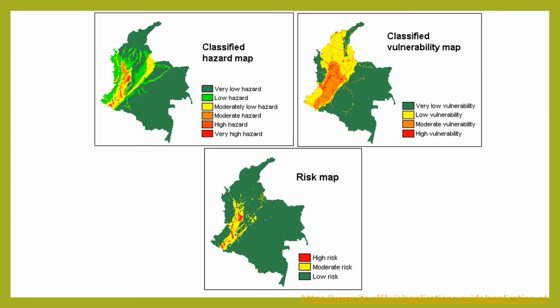From design rainfall we do flood modeling, and then we can get a hazard map. And besides the hazard map, we can classify vulnerability, where the areas are which are vulnerable, and then we can get a risk map.